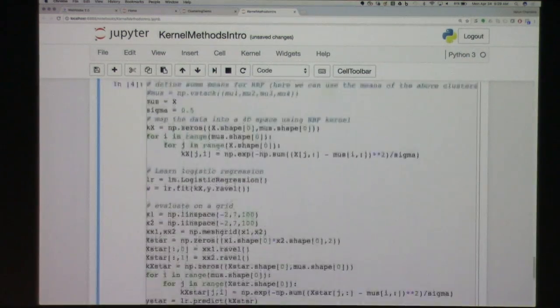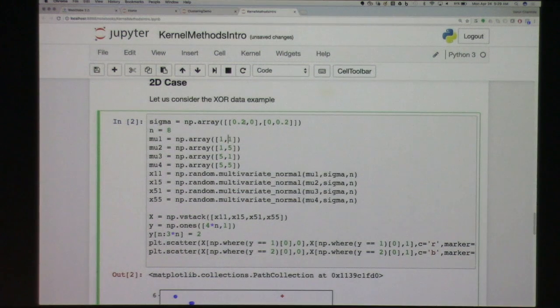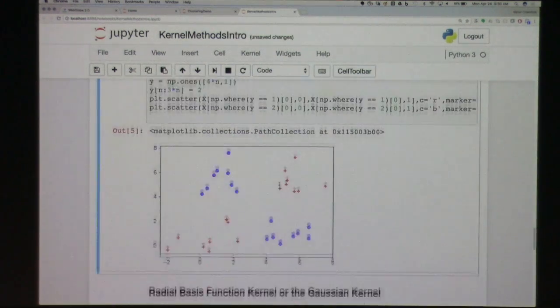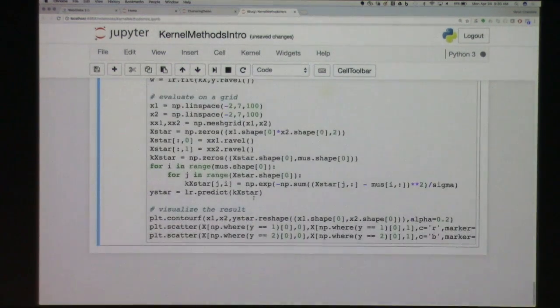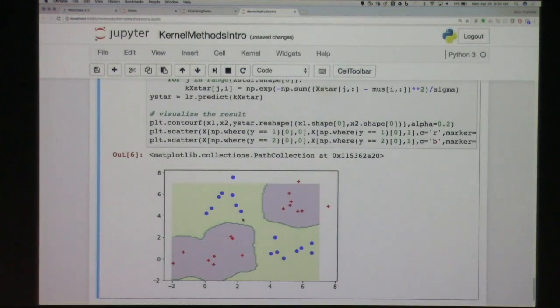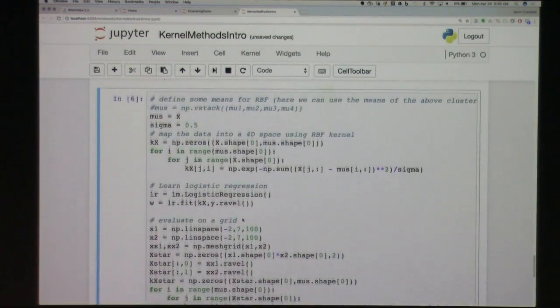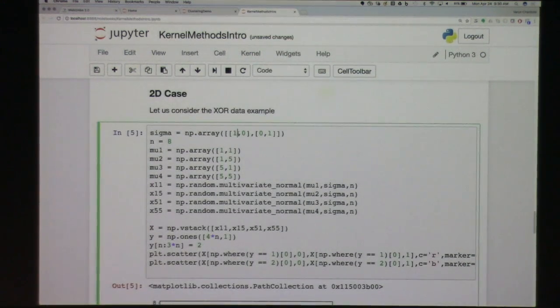But if I change my original data and make the classes mix with each other, let's see with this one. Aha. Now you see that things start getting more non-linear, and you can play around with this, make it 2.